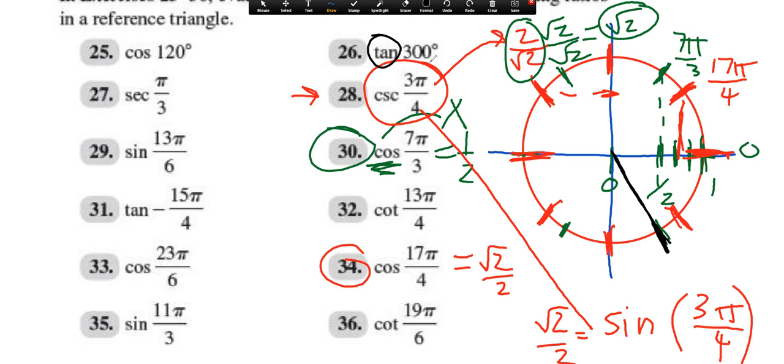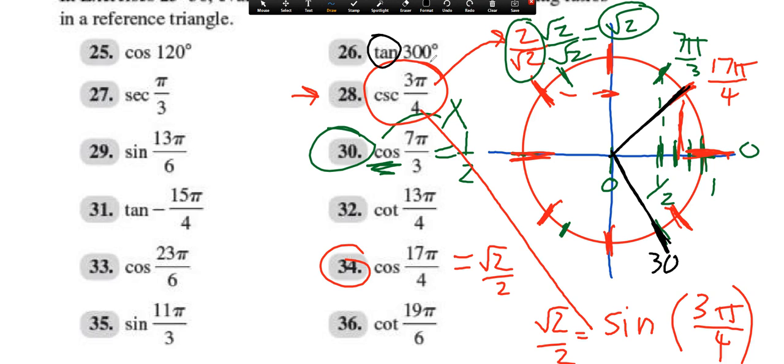Now, do you think it has something to do with 1, right? Because this is the one in the middle. Do you think it has something to do with that or not? Yes or no, do you think the answer to my tangent question has something to do with the one in the middle of quadrant 1? 300 degrees.